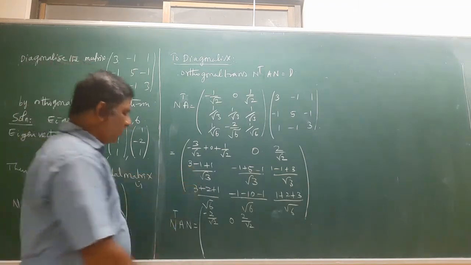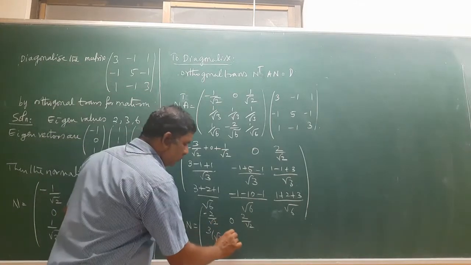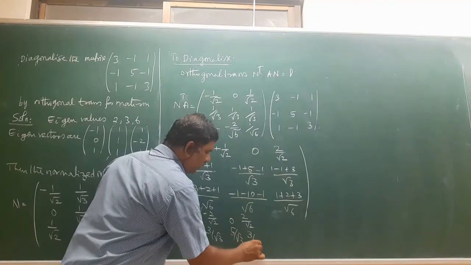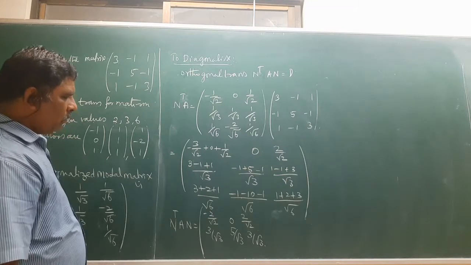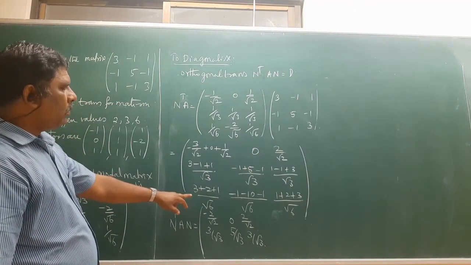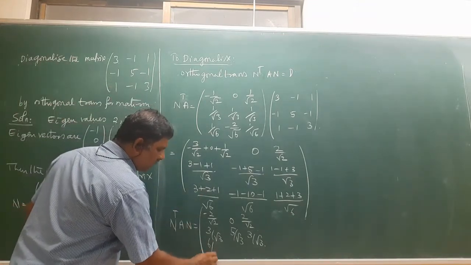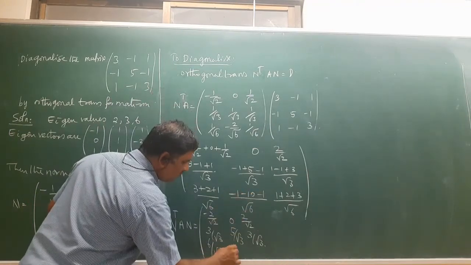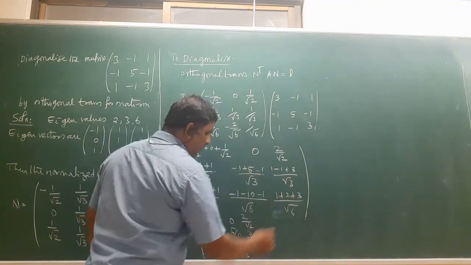Here 3 by root 3, 5 by root 3, 3 by root 3. Last one is 8 by root 6, minus 12 by root 6, and then 6 by root 6.